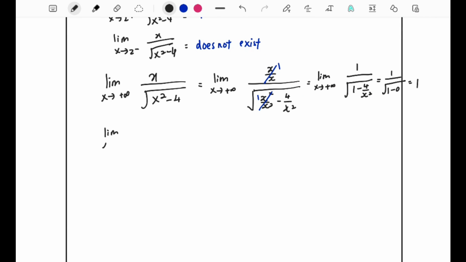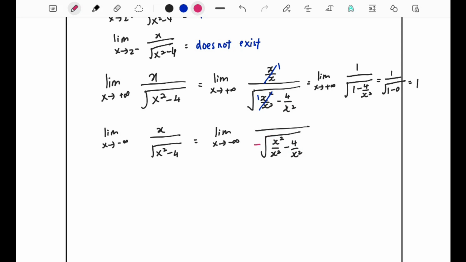We're going to repeat the same process with negative infinity. And please remember, when you have negative infinity, you're going to divide by the highest power of the denominator and put a negative outside, right?